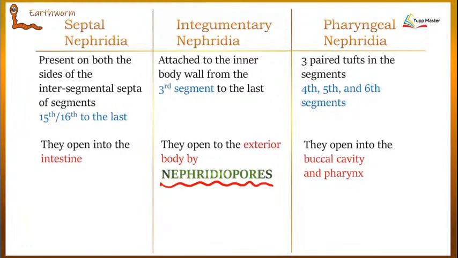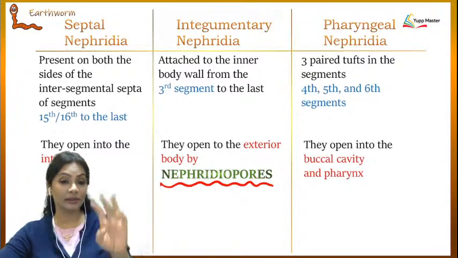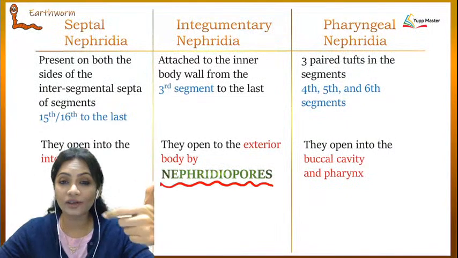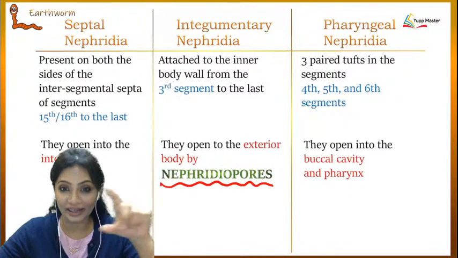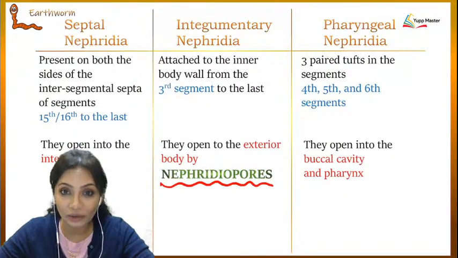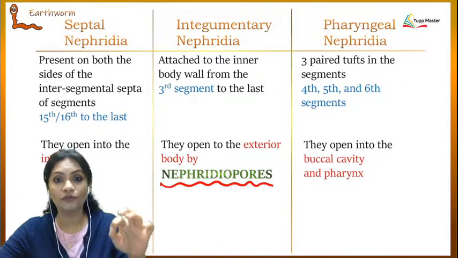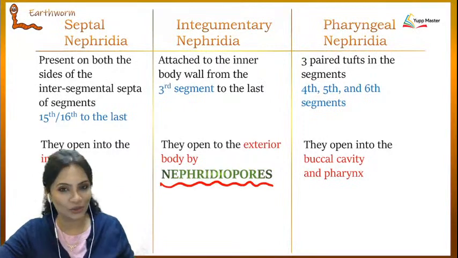Okay, and talking next about the types of nephridia. Do you remember them, children? Remember there were 4 types. Okay, don't forget, look here. There were 4 types, depending upon where the excretory waste is being thrown out, and also based on the presence of the nephrostome. So let's continue.